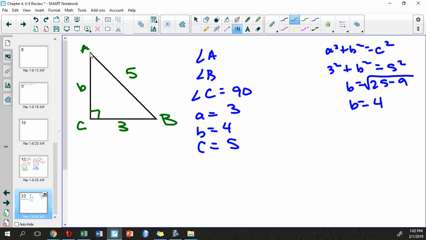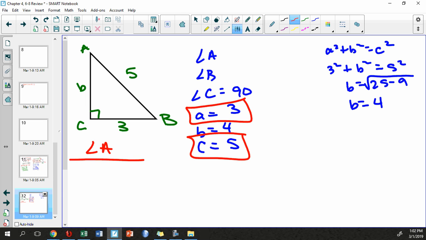I'm always going to use the given information, which was 3 and 5. So how do I find angle A? What is 3 according to angle A? Opposite, and this is what? Hypotenuse. So the sine of angle A is equal to opposite 3 over hypotenuse 5.